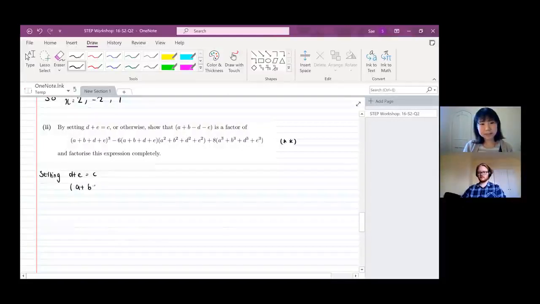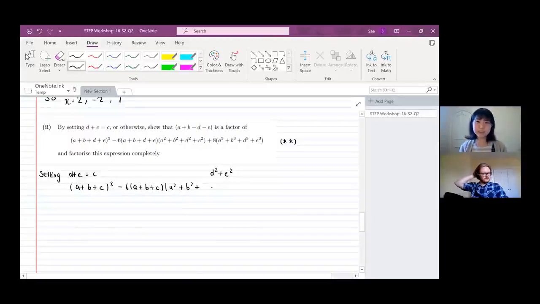We have a plus b plus c cubed minus 6 times a plus b plus c plus a squared plus b squared plus, okay, this almost looks like c squared. So we have d squared plus e squared, but this isn't c squared. I think your teachers will get very angry at you if you say that this is c squared. So what is this?